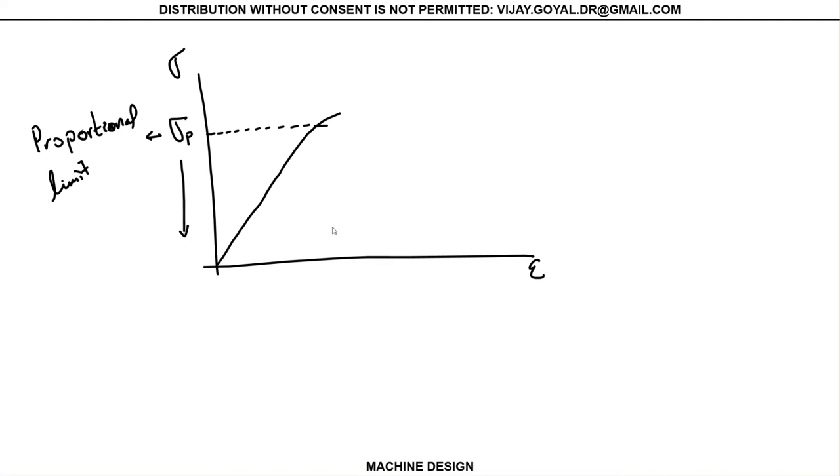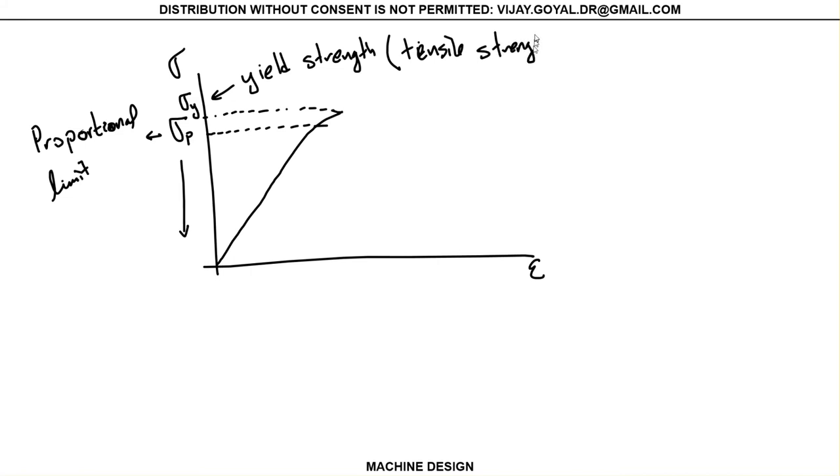Do understand, it's elastic because we have not exceeded your sigma yield. Your sigma yield is somewhere here. It's the tensile yield, this is the yield strength, and as I told you previously, sometimes this is also called the tensile strength. Given the fact that we are doing this, this is the region we're working with.